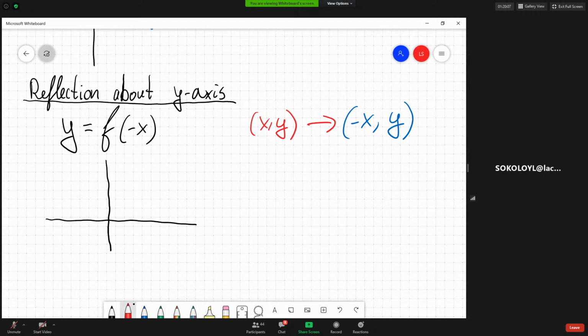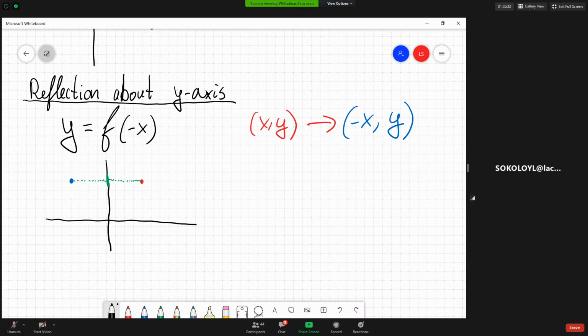if I have the original point anywhere, then the line of the reflection is the y-axis, so I would go towards the y-axis, then the same distance past the y-axis, and that would give me my reflected point like that. So here we only have reflection about x-axis and reflection about y-axis.